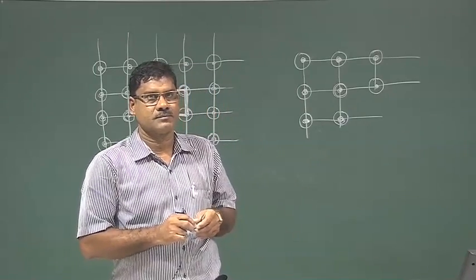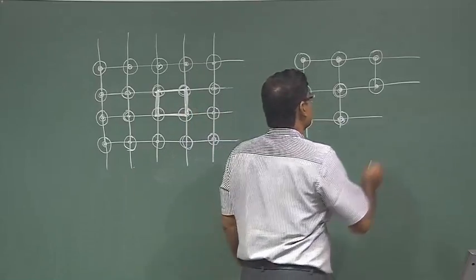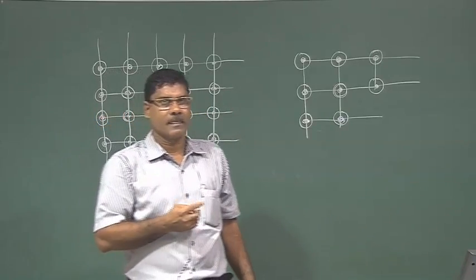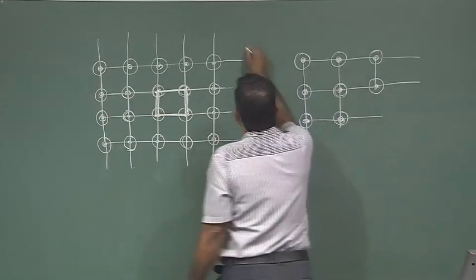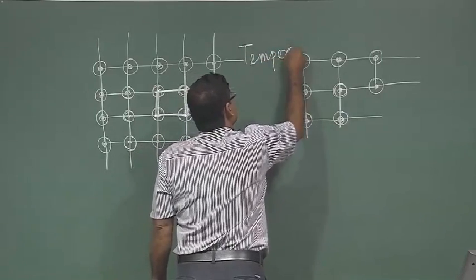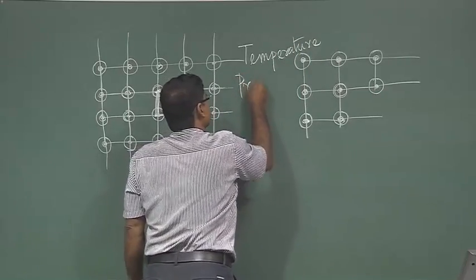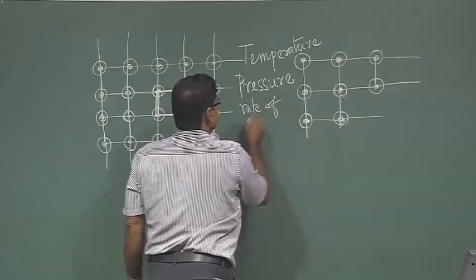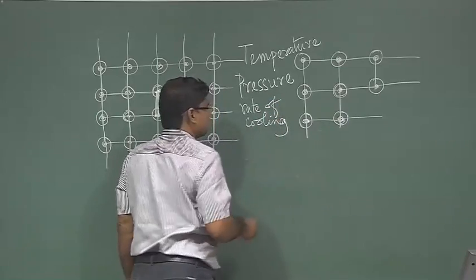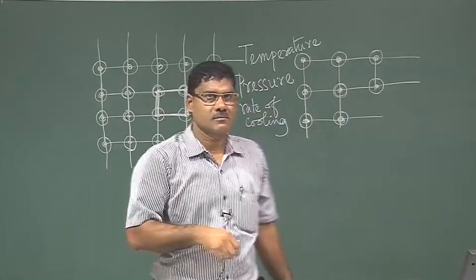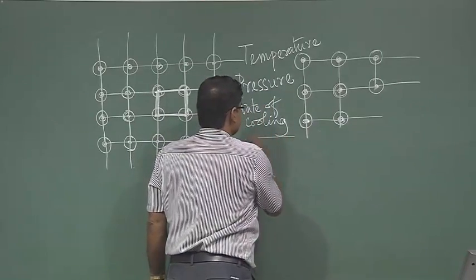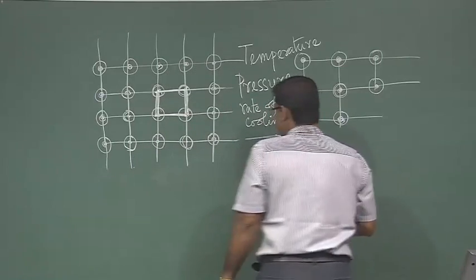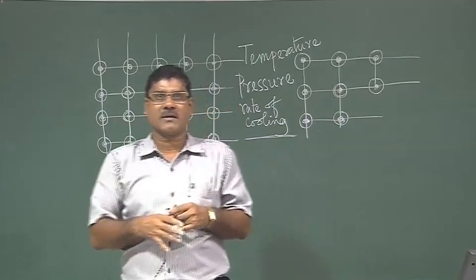Sometimes it is violated because of the external environmental conditions like temperature, pressure, rate of cooling or heating during formation of the crystal. So, these external parameters, the external environment, affect the crystal structure. So, thus atoms assemble and form a solid.